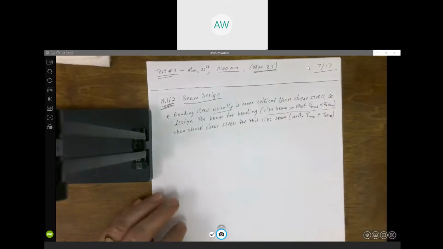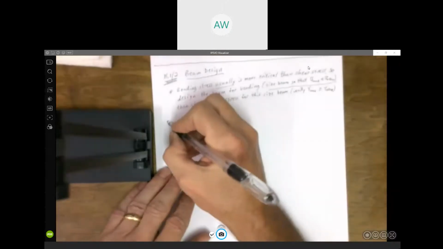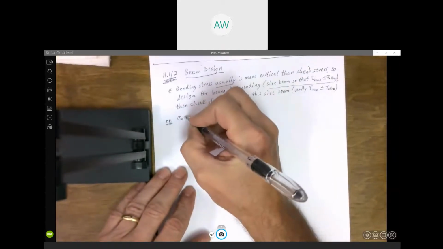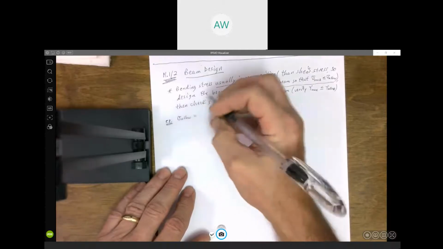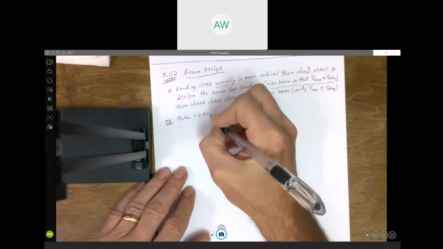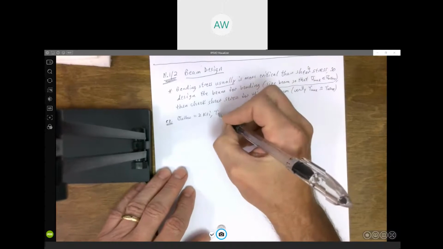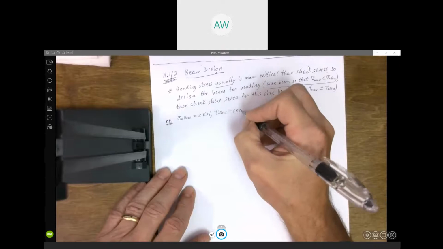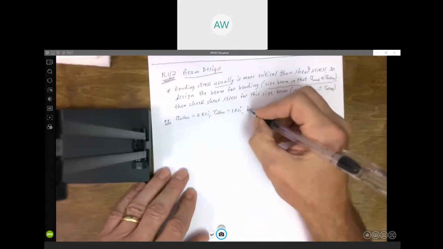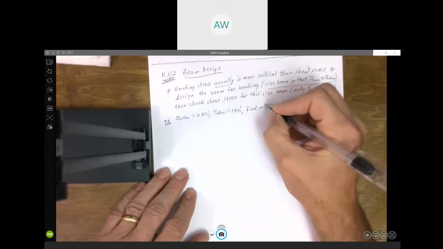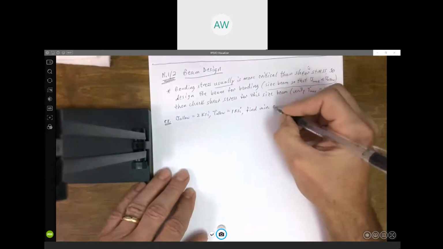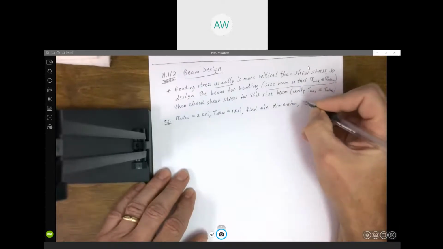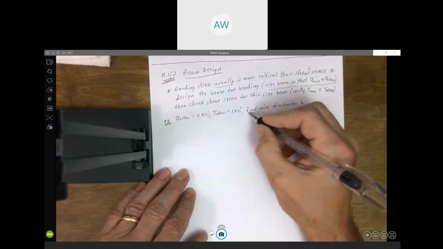All right, so let's look at a beam. Here we're given the allowable normal stress is 2 ksi. The allowable shear stress is 1 ksi. And we're going to find the minimum dimension, B, I call it.